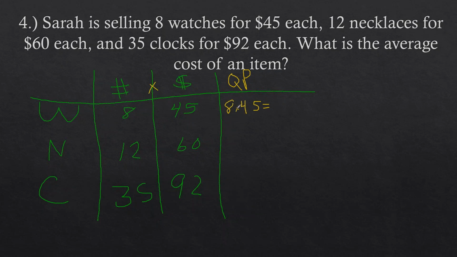All right. I finished all the homework earlier, and when I did this problem on the homework, it took me forever to figure it out because I don't think it says that each item is that amount. So I was under the understanding that 8 watches was valued at $45 altogether. So then I had to take a step back and think, well, maybe it means that each of these is this cost.